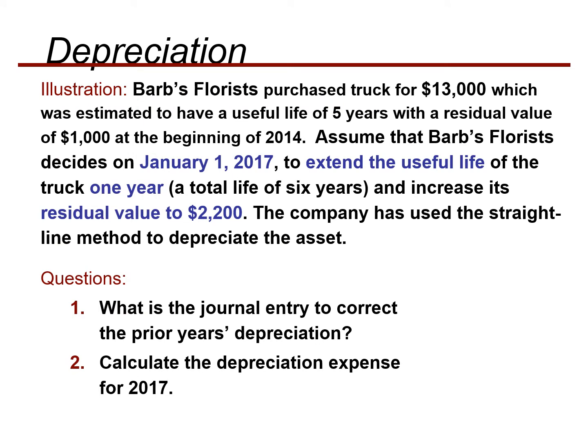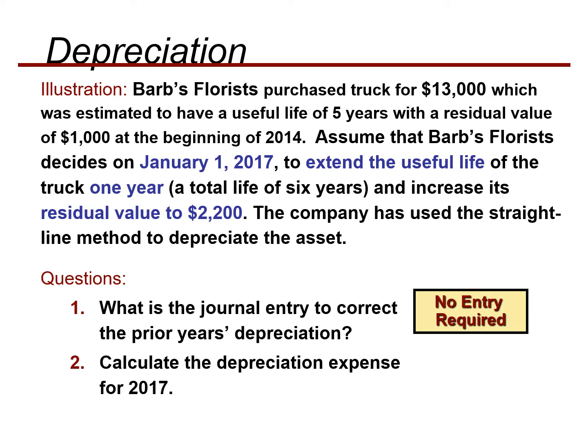This can be explained by an example. Bob's Florist purchased a truck for $13,000, which was estimated to have a useful life of 5 years, with a residual value of $1,000, at the beginning of 2014. Assume that Bob's Florist decides on January 1st, 2017 to extend the useful life of the truck by 1 year, a total life of 6 years.